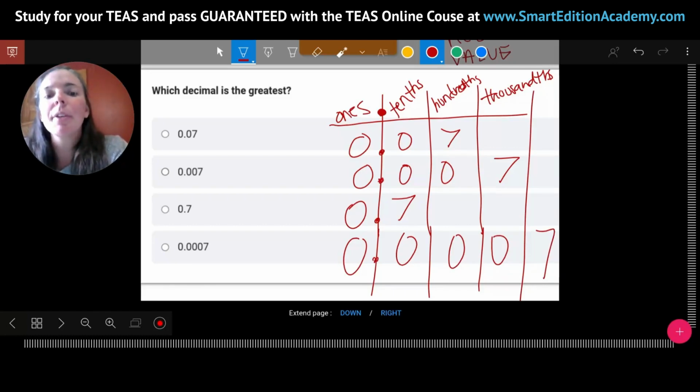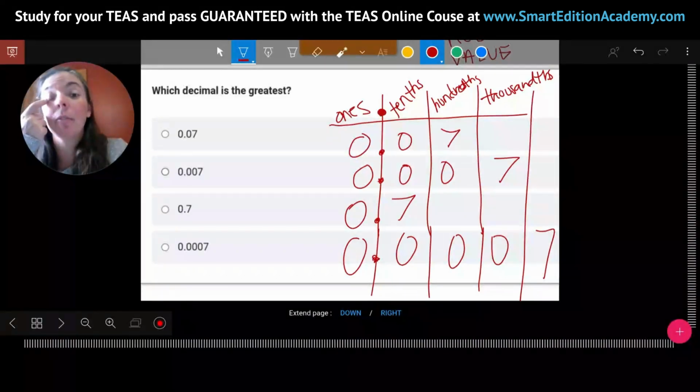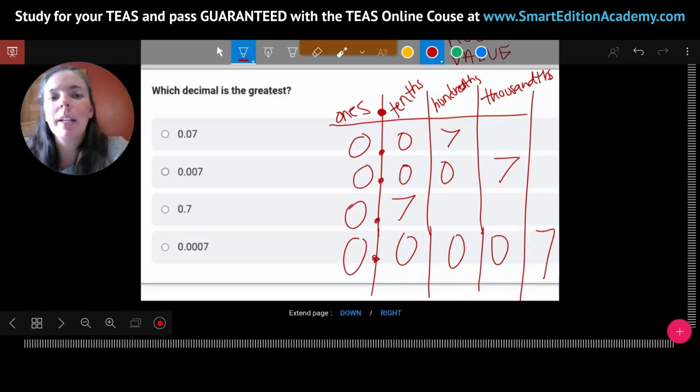So if I'm talking about which decimal is the greatest, basically what I want to do is look at the place values and see I have all zeros in the ones, but when I get to the tenths, notice how I have a 7 in the tenths. This is the largest place value where the digits differ. So this one would be the largest decimal, so 0.7.